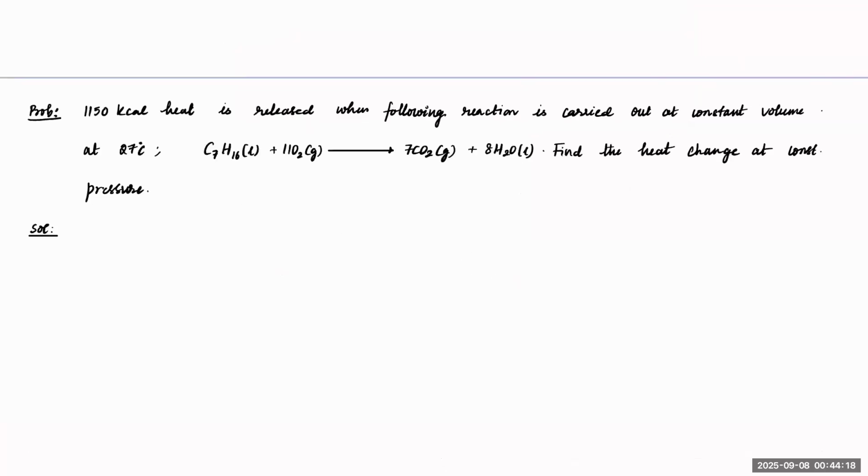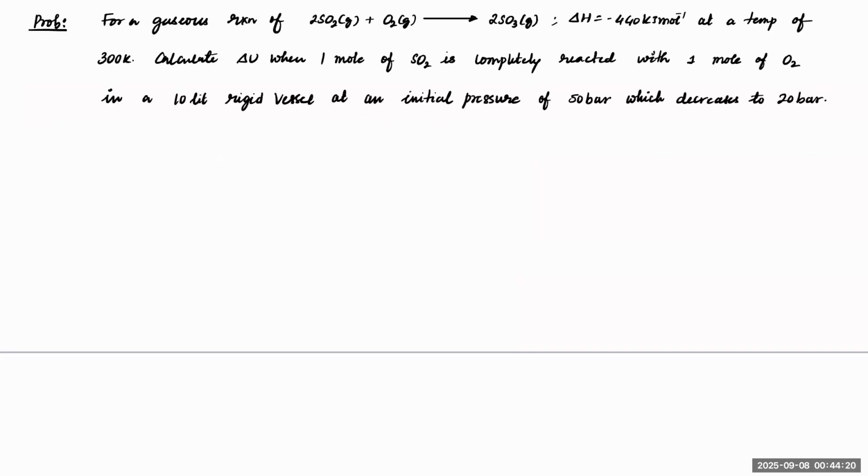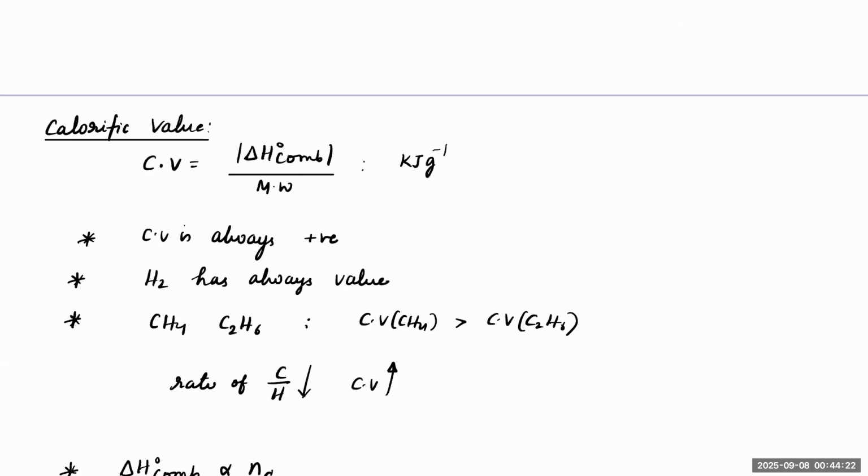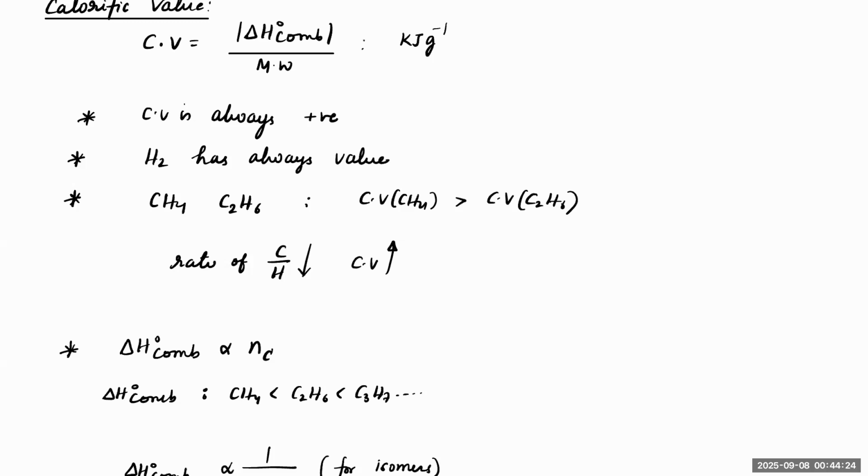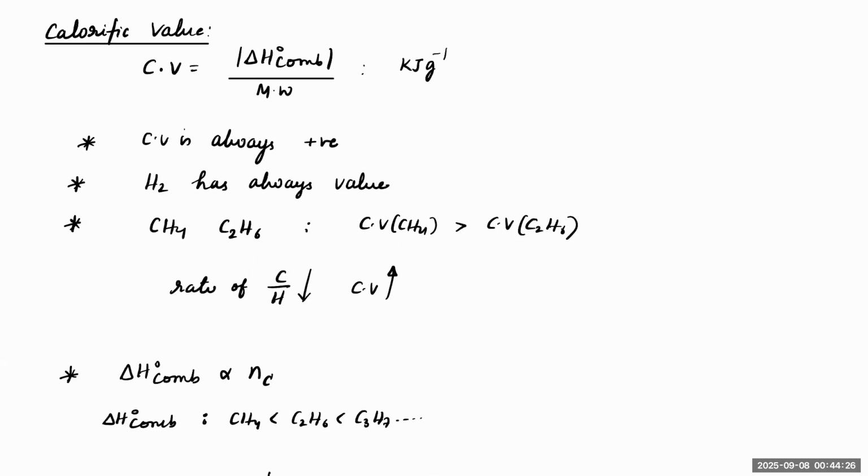Right. Now, let me come back to these questions. First, let me explain what is calorific value. Calorific value is the amount of heat released per gram of the substance on combustion. If this is your fuel, and you divide by molar mass, you will get its CV value.